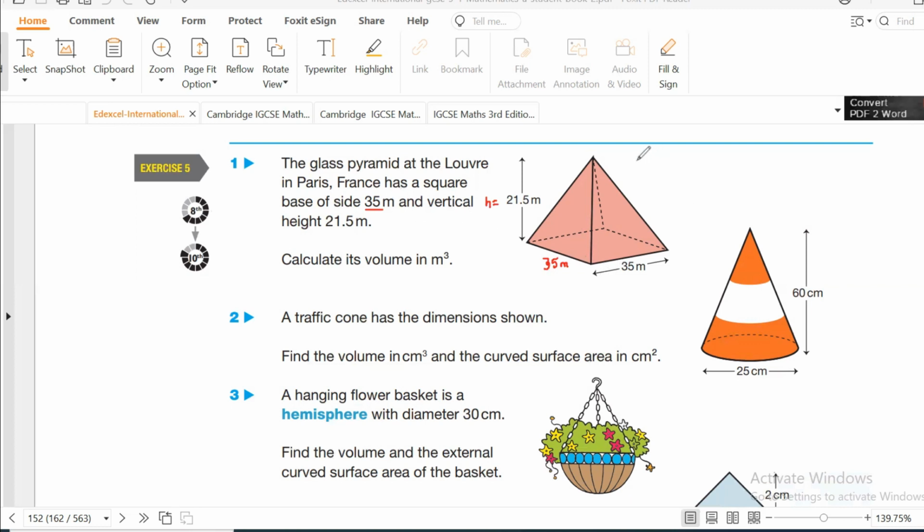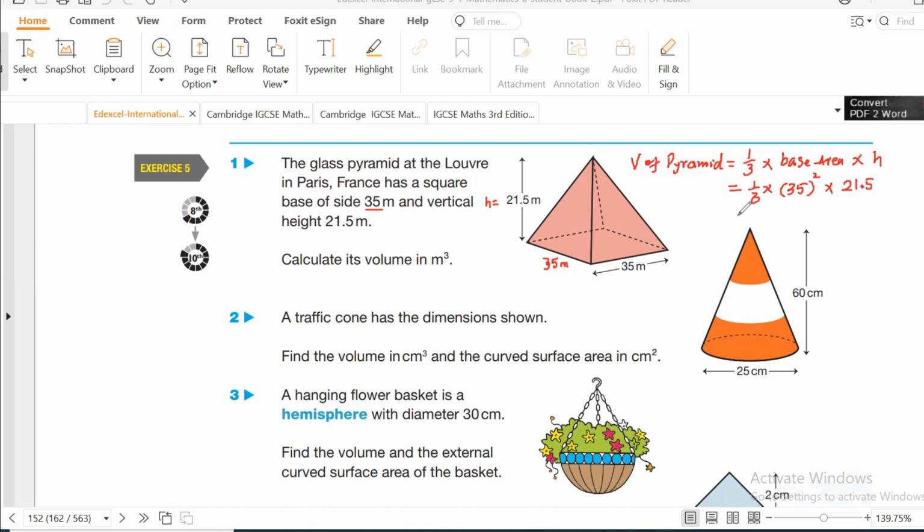We straight away use the formula. Volume of a square-based pyramid is equal to 1 over 3 multiplied by base area multiplied by height. So 1 over 3, base area is 35 multiplied by 35, or we can say 35 squared, and the vertical height is 21.5.